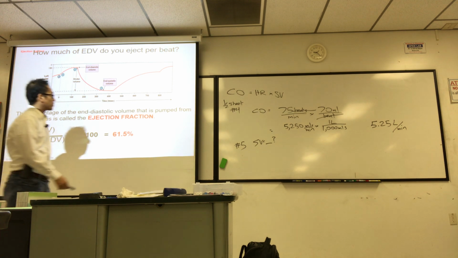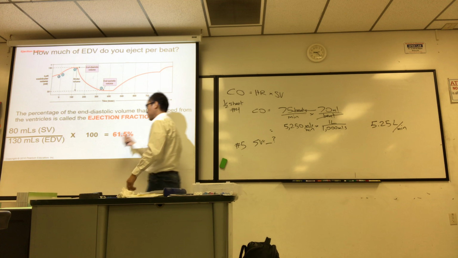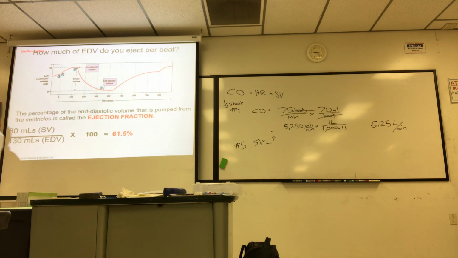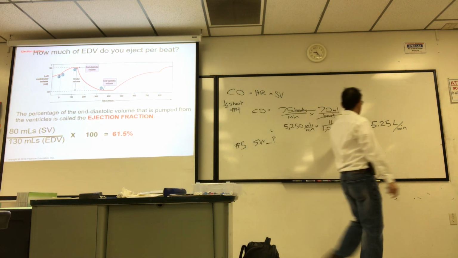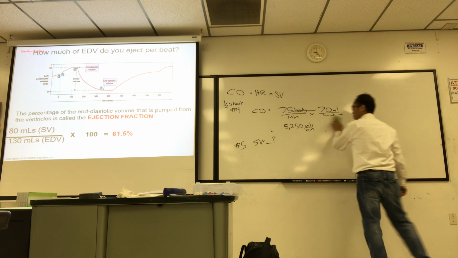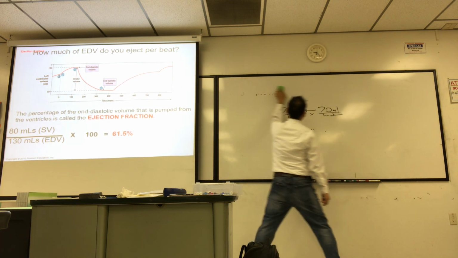Ejection fraction. We'll call this number 6. Well, no, we won't do it because I did it for you. But you should know how to calculate ejection fraction. The ejection fraction is the percentage of the EDV that you pumped out. So it's a percentage. Ejection fraction. So we got it to number 5 on the half sheet.